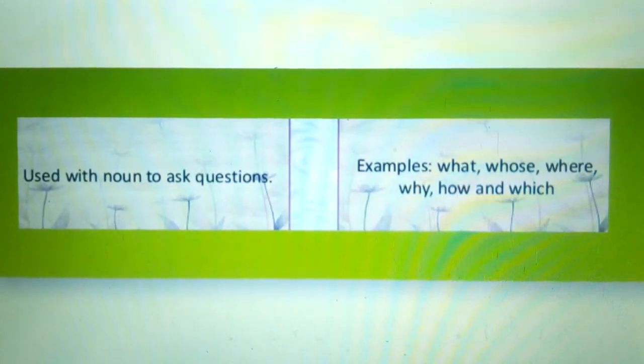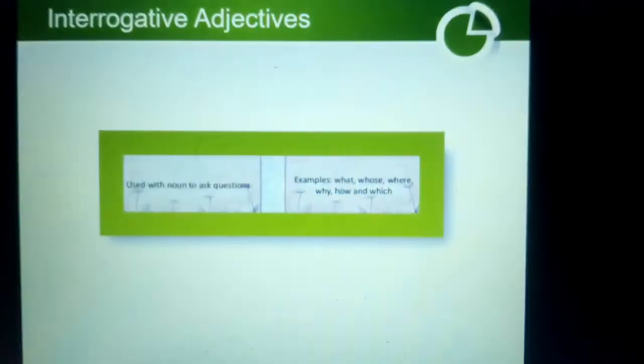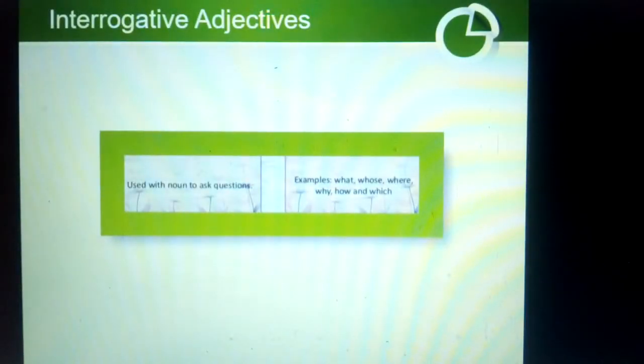If I say whose pen, so in this example pen is a noun and whose is an adjective. And this adjective has been used to ask the question or to interrogate something. So it is interrogative adjective.